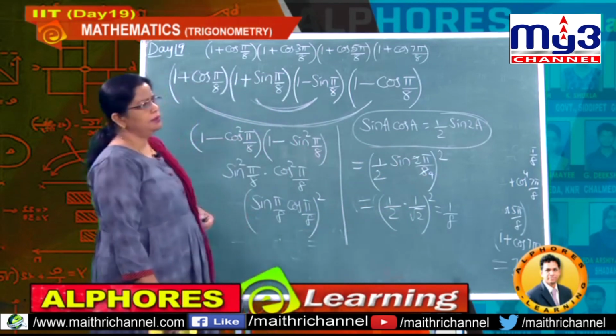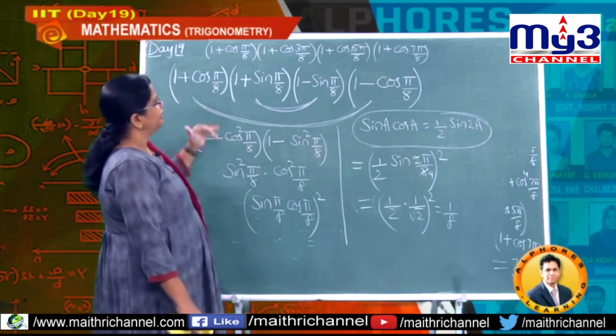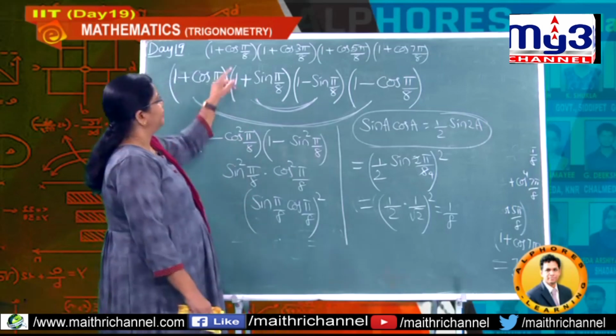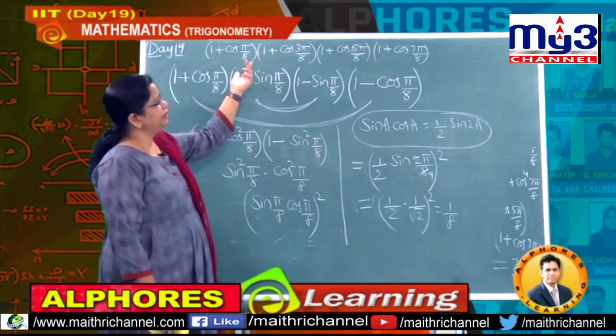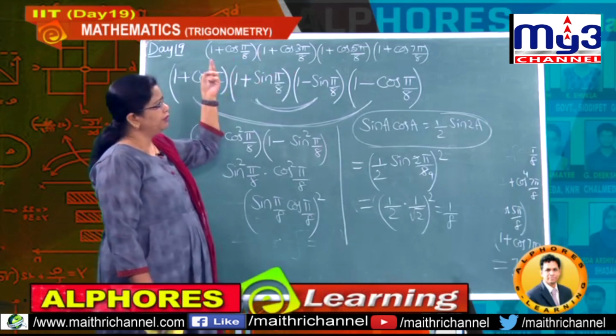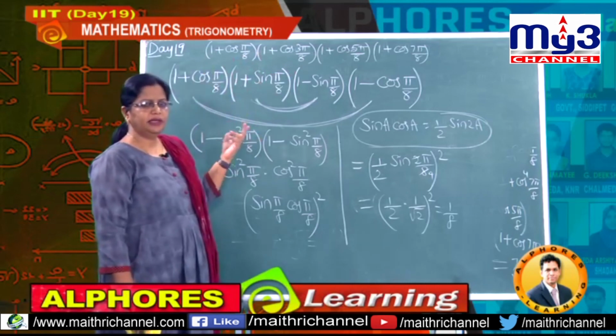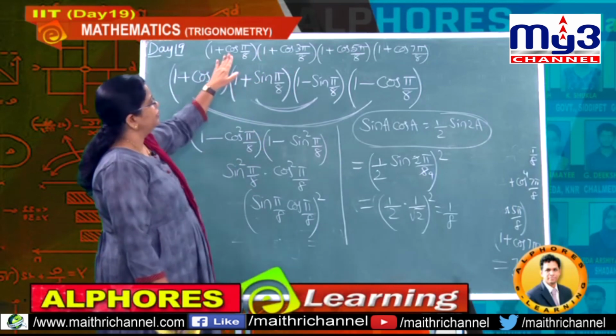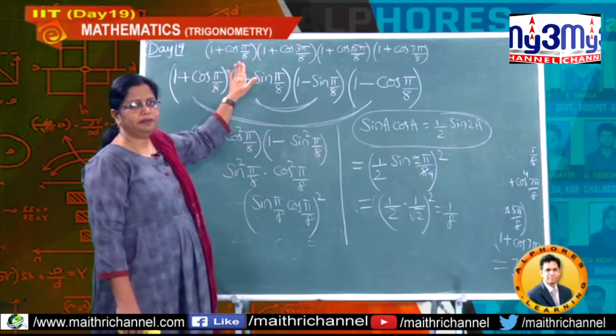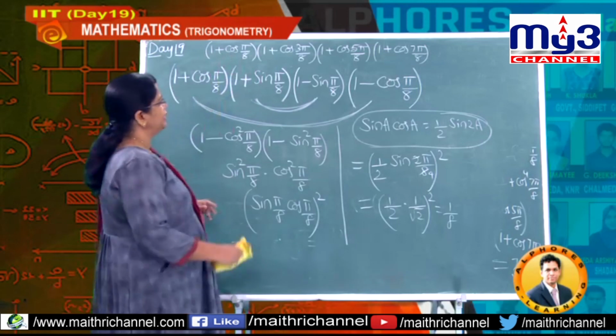Now students, you may get one doubt. Can I do the same problem if I replace cos by sin everywhere? Because the previous problem we did both in terms of cos as well as in sin, and thereby you got the same answer, 3 by 2. Now, can the same context be applied for this problem or not? Let us check.